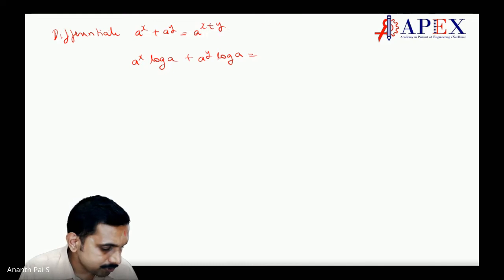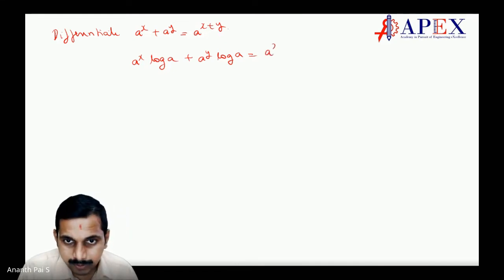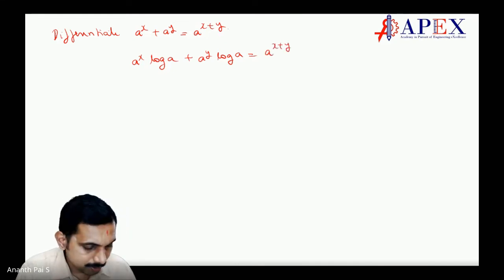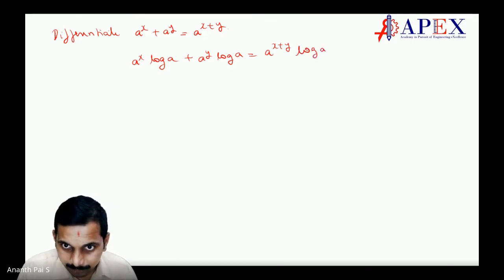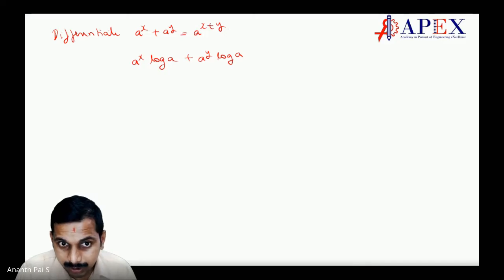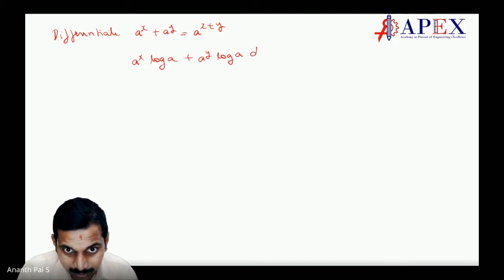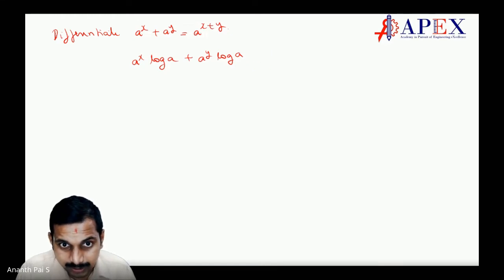When you differentiate this again, you get a power x plus y into log of a into, now x plus y is there, you have to differentiate, correct? When you differentiate x, you will get one. Chain rule. Here you get dy by dx, correct? Or we can write this like this. Let me write it this way.